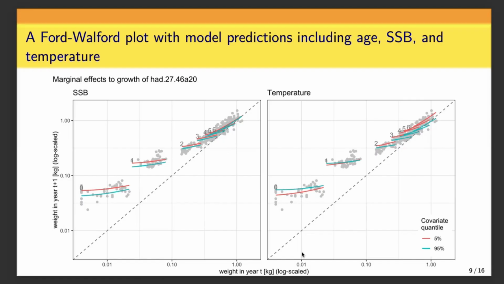And then on the right is temperature. The higher temperature, in this case, for these young age classes, is giving a higher growth rate.